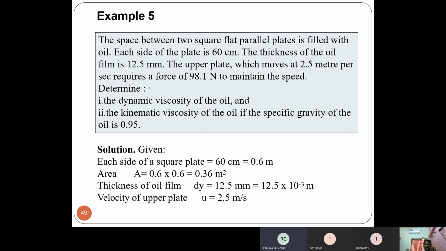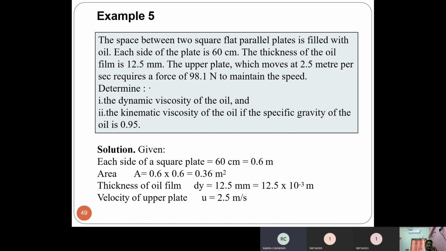Here he mentioned the upper plate is moving with 2.5 meters per second. To maintain this speed, we need 98.1 newtons of force. The case is like that. So he is asking us to find out the dynamic viscosity and kinematic viscosity. Oil specific gravity is 0.95. This is the given data.